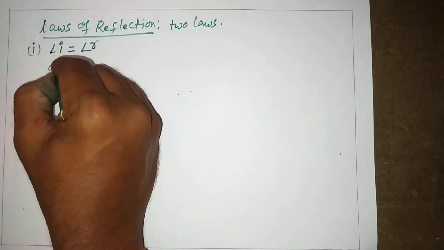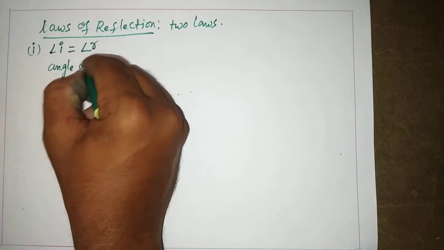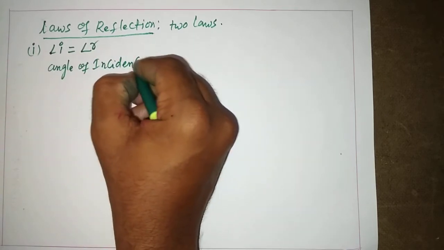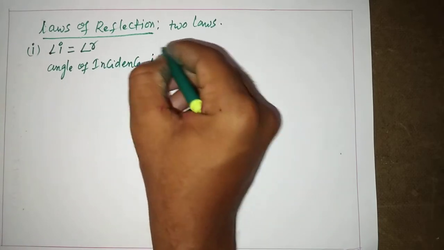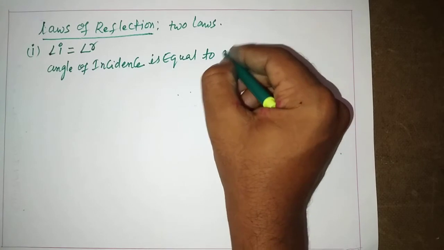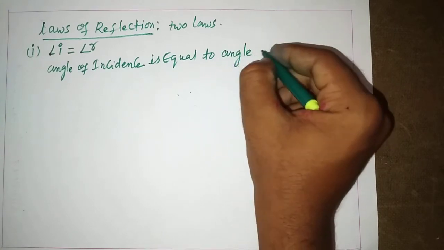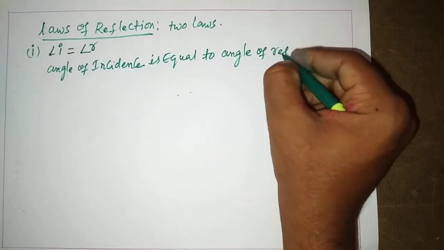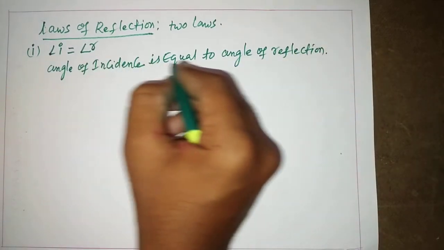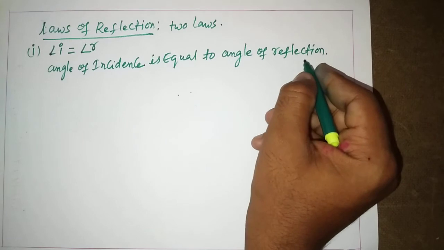Means angle of incidence is equal to angle of reflection. Angle of incidence is equal to angle of reflection.